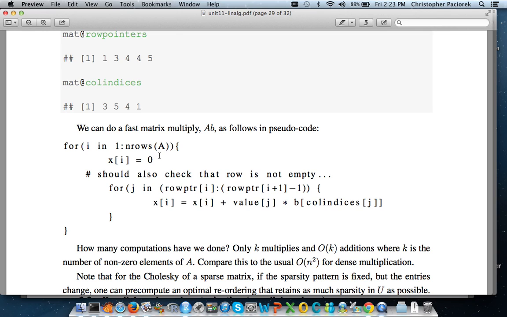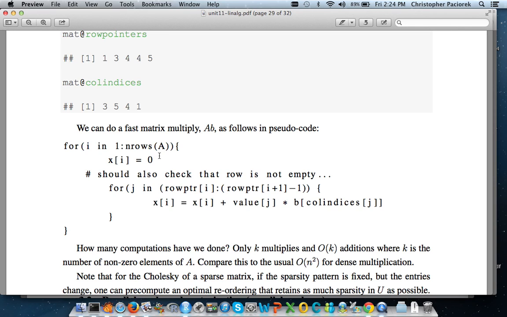So I can use this row pointer vector in a nice way here. I can loop from the row pointer for that row to the row pointer for the next row minus 1, and that will tell us the indices of the elements in this vector that correspond to that row.